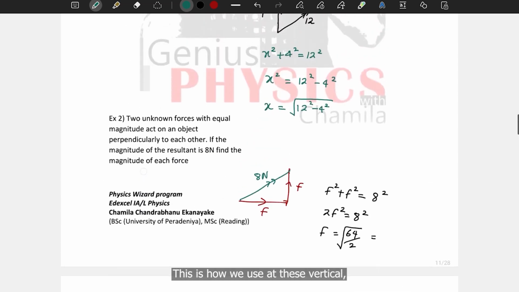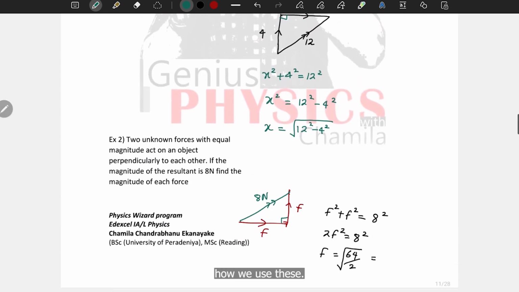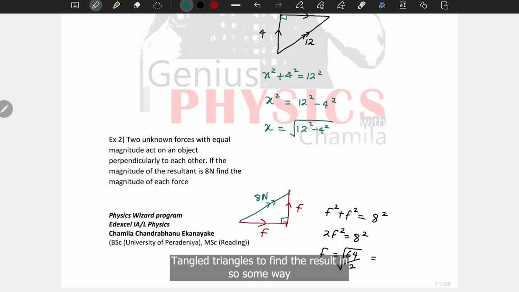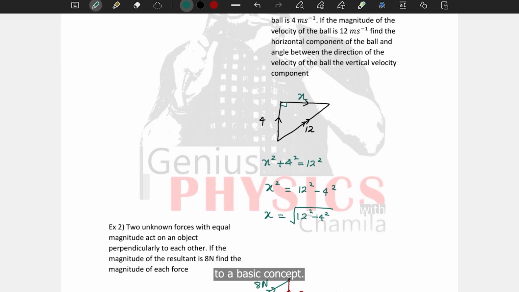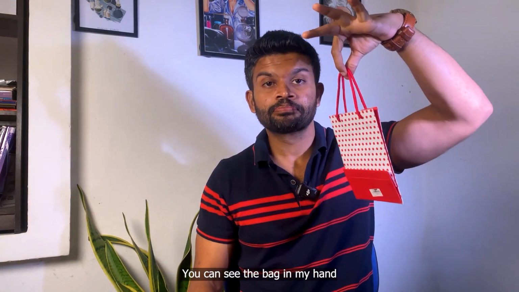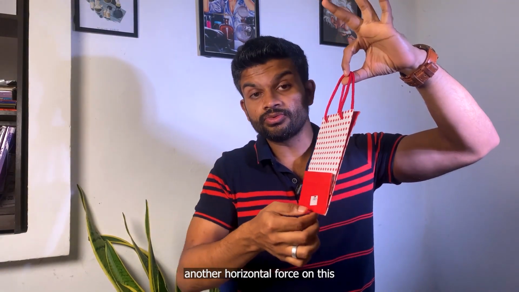This is how we use right angle triangles to find resultants or other vector based concepts. You can see the bag in my hand. Now I'm going to exert another horizontal force on this.